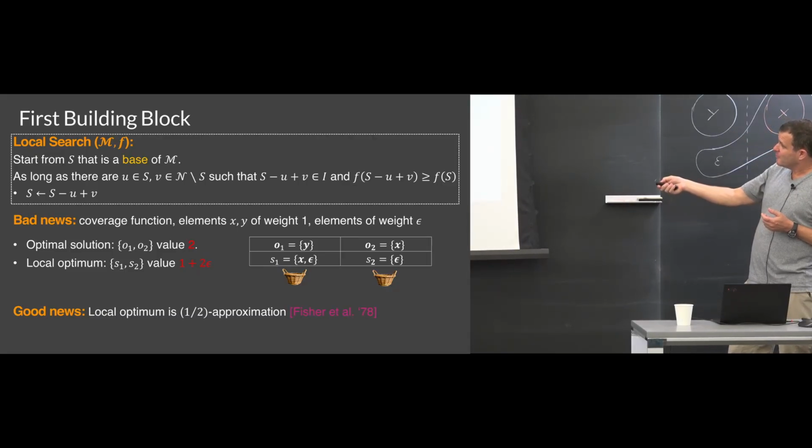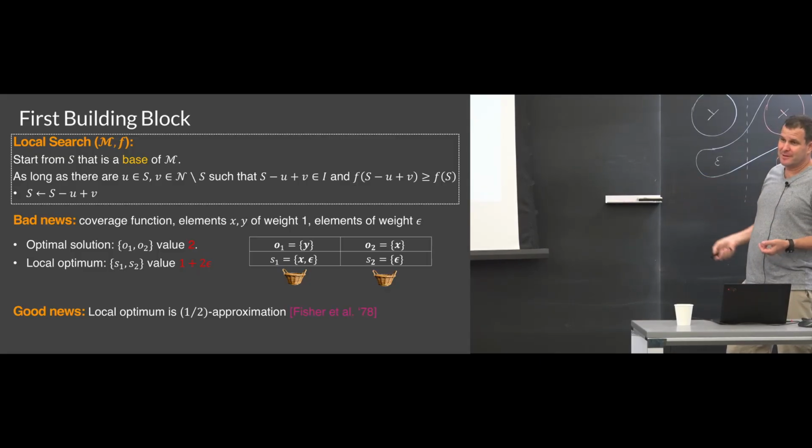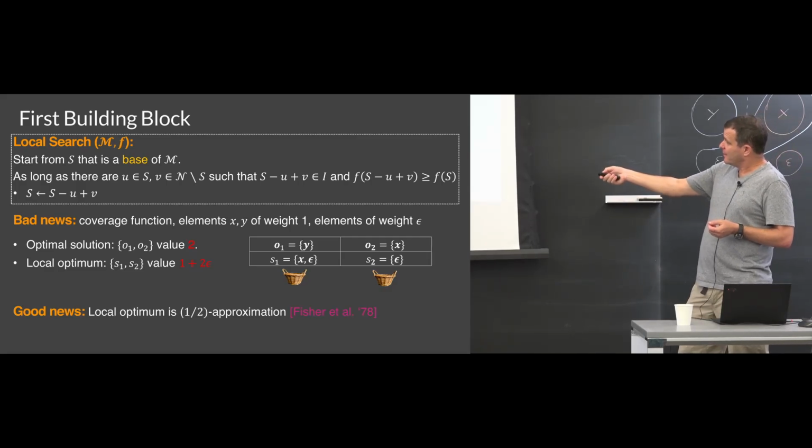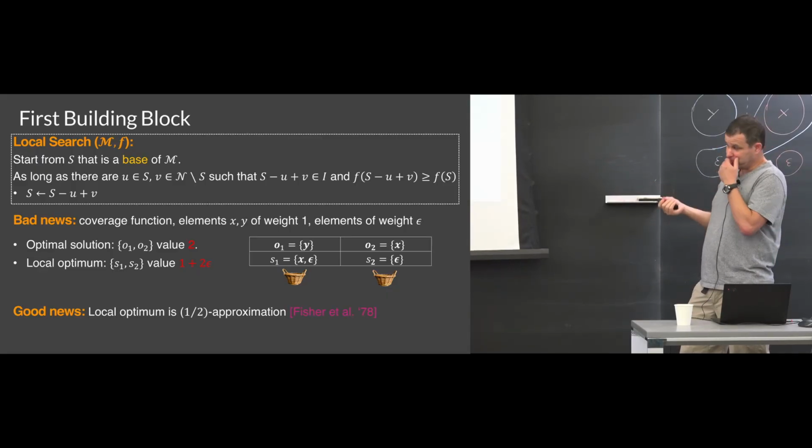So a set cover, you have one set. This is the element in the submodular function that contains an element y that is worth 1. And there is another element here that is worth x that you can choose. So if you pick from this partition O1 and you pick from this partition O2, you will get a benefit of 2.